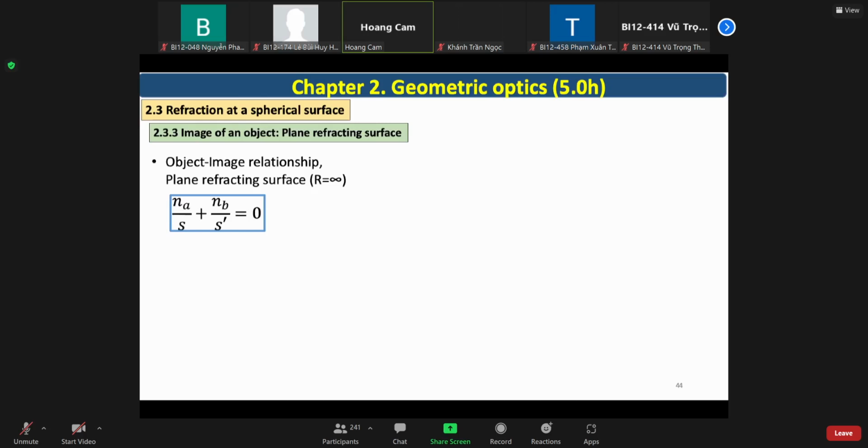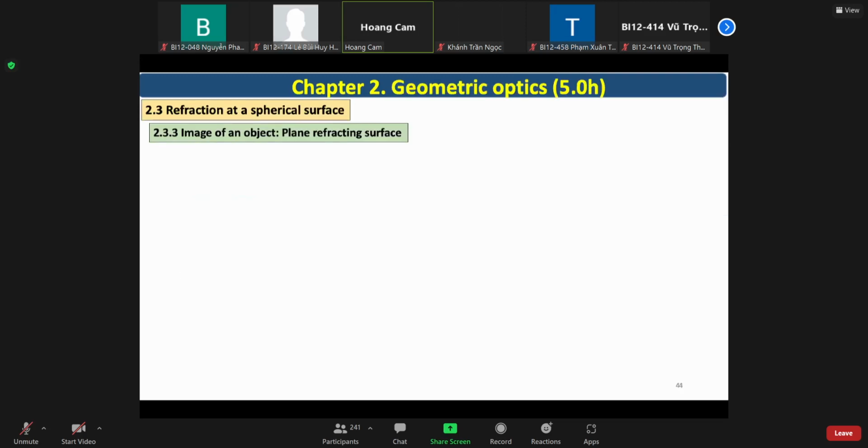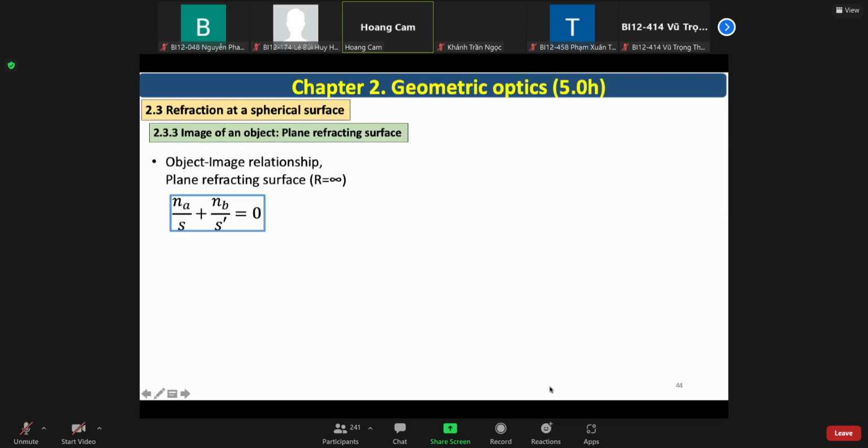When you consider a very big surface, it comes to the plane. So in that case, R goes to infinity. If you replace it in the previous formula, it's a little far away, so I won't go back. I will write it in the chat box.